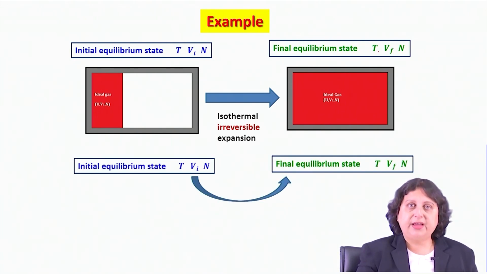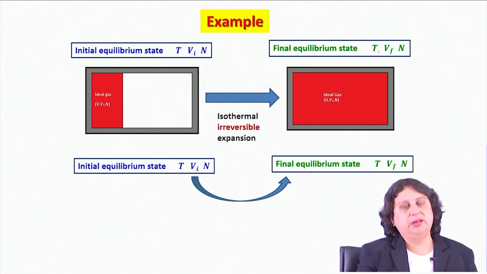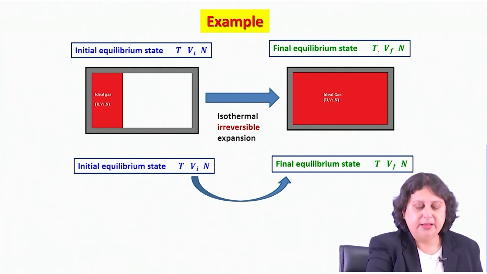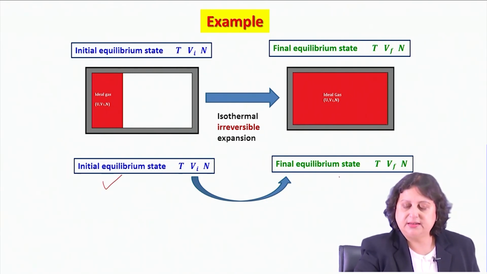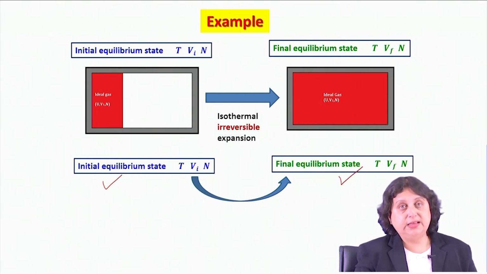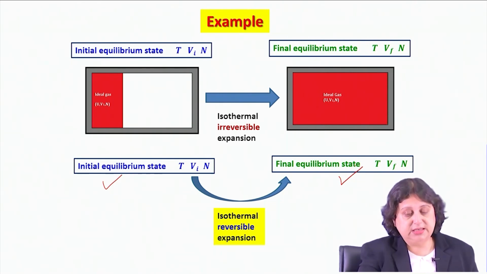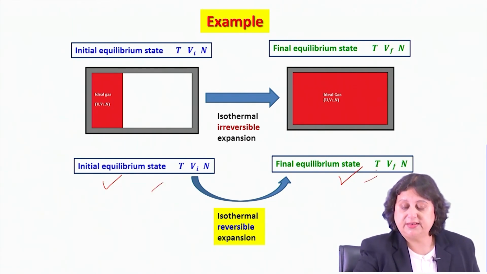So once I have identified the initial equilibrium state and the final equilibrium state, I would like to know the change in entropy as I go from this state to this state. And this I can do very easily if I can think of an isothermal reversible expansion that takes the system from this initial state to the final state.